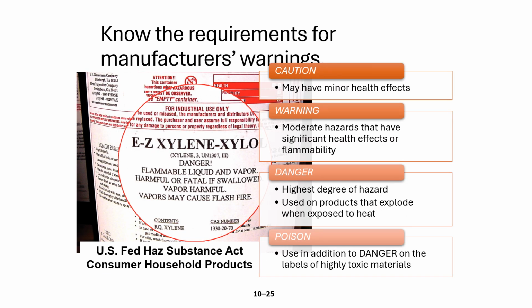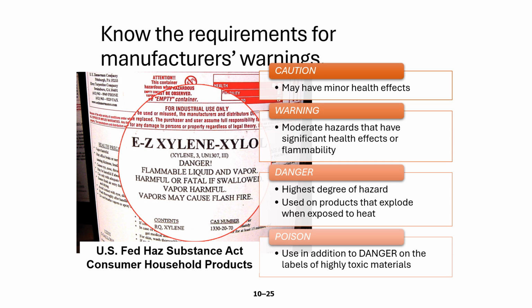Manufacturer's warnings. The U.S. Federal Hazardous Substances Act, or FHSA, requires labels on products that are destined for the consumer and the household, and it must incorporate signal words that give the end user an understanding of the hazard associated with the product.